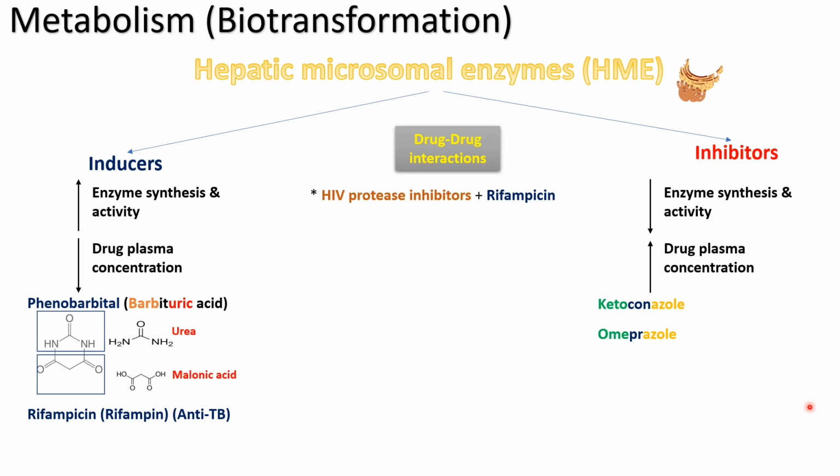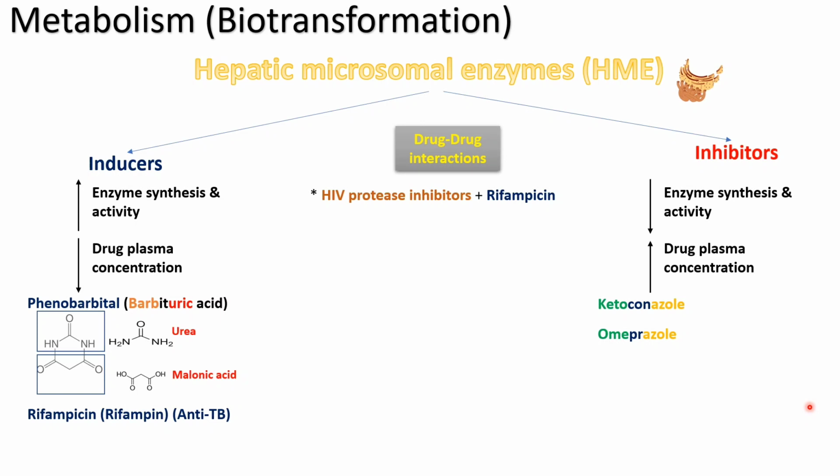And on the other side, if an inhibitor drug is taken with drug X, it would be expected that the metabolism of drug X would decrease. That means that its concentration in plasma would increase. So we would expect more activity of this drug in the body. So inducer and inhibitor drugs, when taken with other drugs at the same time, can cause drug-drug interactions.